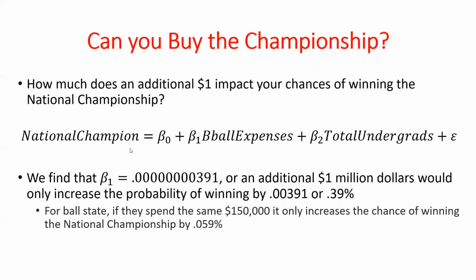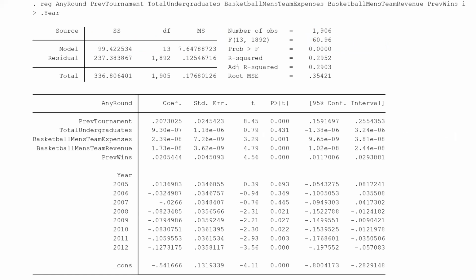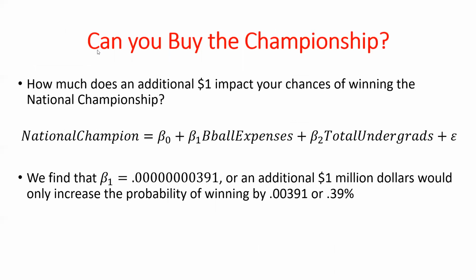So the reason why I started with this general idea of whether or not increasing money into this athletic program can lead to success is because if it can, which we found it does, here, increase the likelihood you make it into that tournament and potentially generate additional revenue.